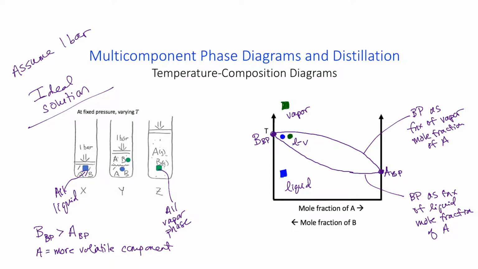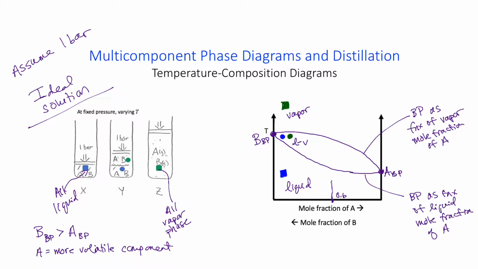As an example, let's say that we start with a pure liquid composition that is 0.6 in mole fraction of A. What will happen as we increase the temperature of our mixture of components A and B, starting with a composition that is 0.6 mole fraction in A, is that as we heat up, we're just going to move up this line.